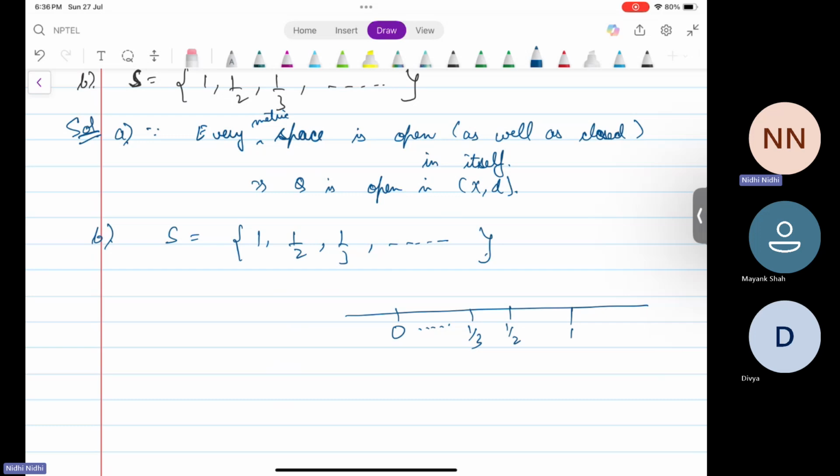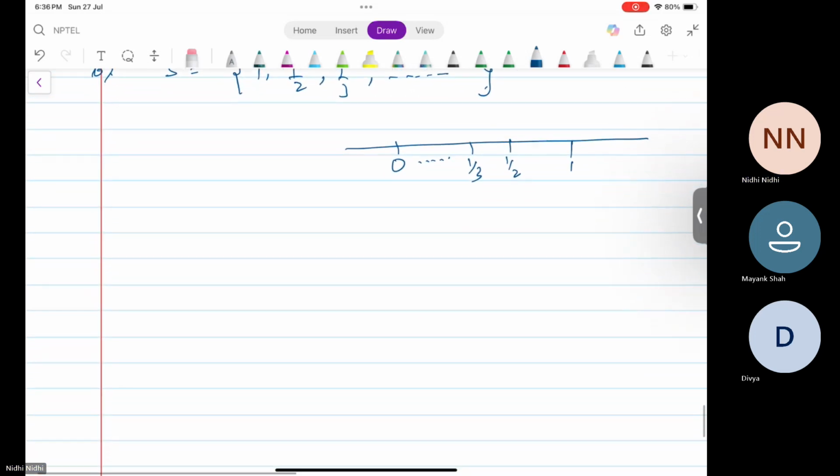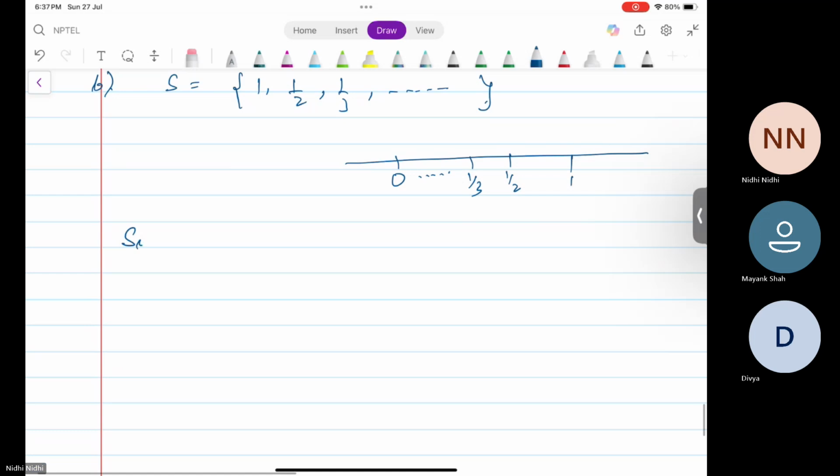Now suppose this set S is open in (X,d). This implies S naught, the set of all interior points of S, is equal to S. That means every point in S is an interior point.